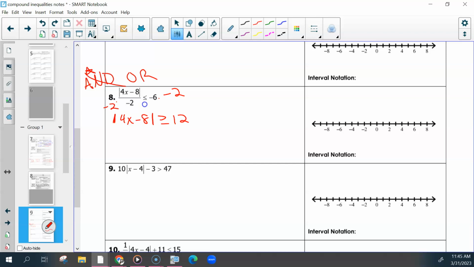And then we can set up our 2 cases where one is exactly the same. 4x minus 8 is greater than or equal to 12. And 4x minus 8 is less than or equal to -12. And solve both.